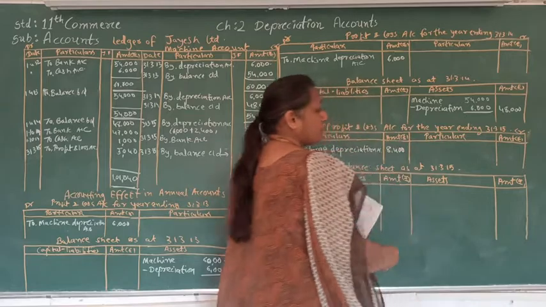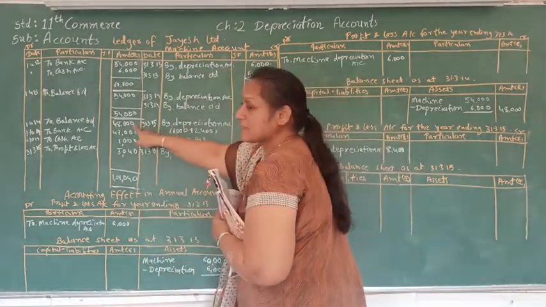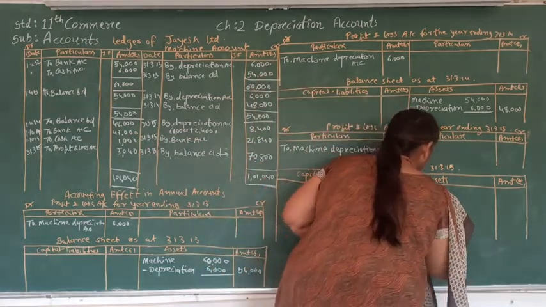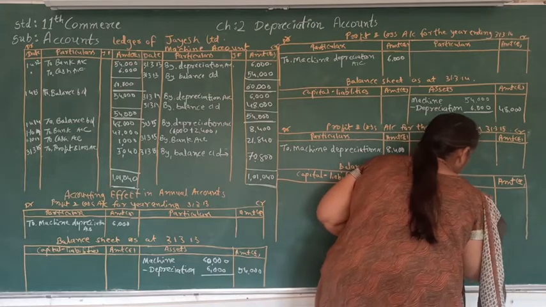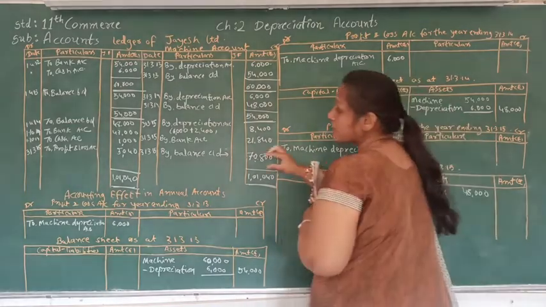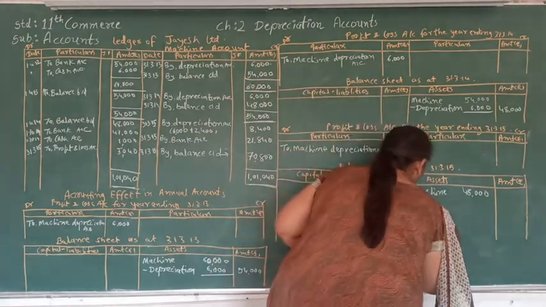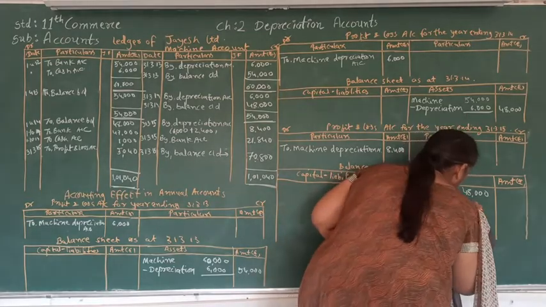Now let's give effect in the balance sheet. The balance of the machine account was 48,000, and we have again purchased a machine of 48,000.